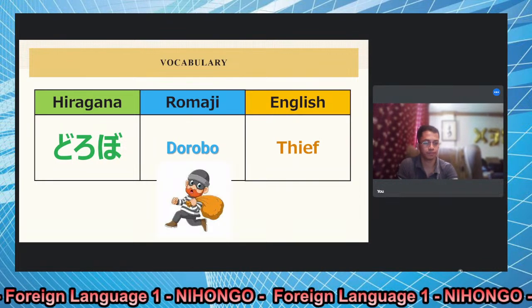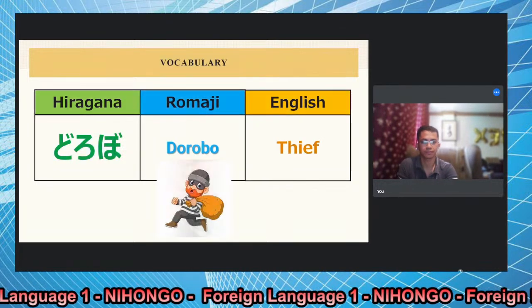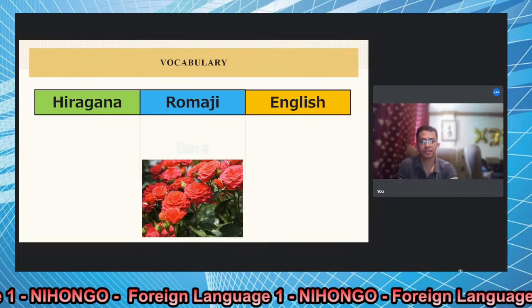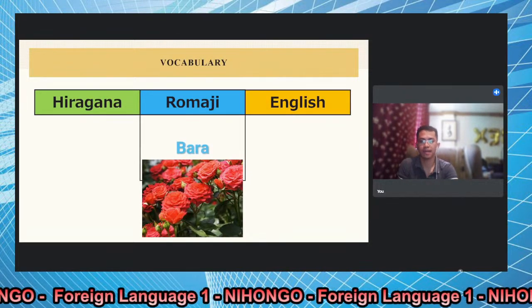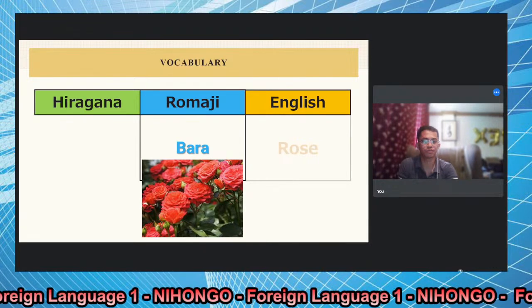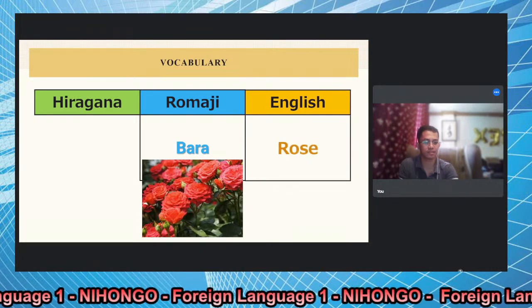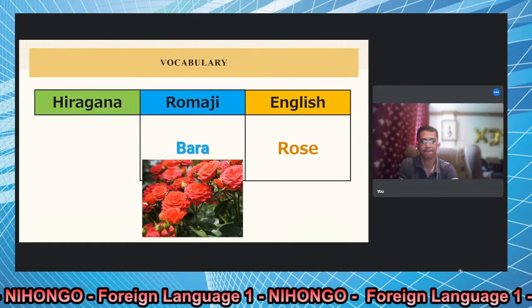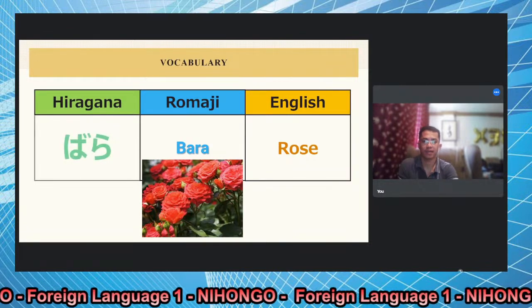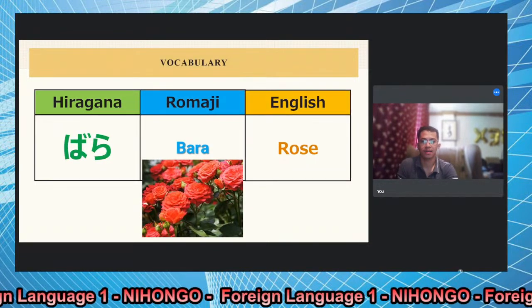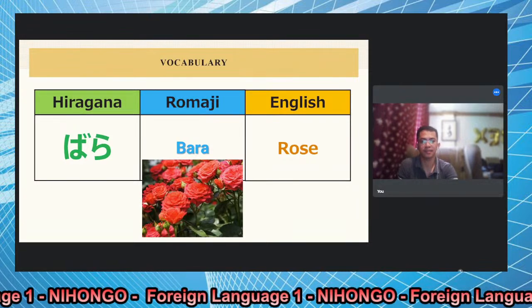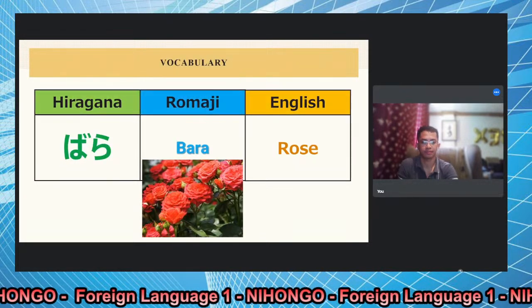Dorobo. Next word. Bara. Bara is rose in Japanese. And it is ha plus tenten and then ra. Bara.